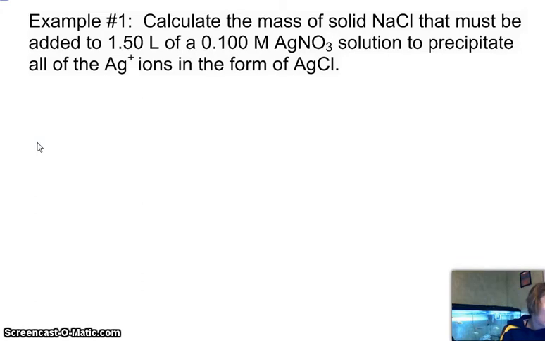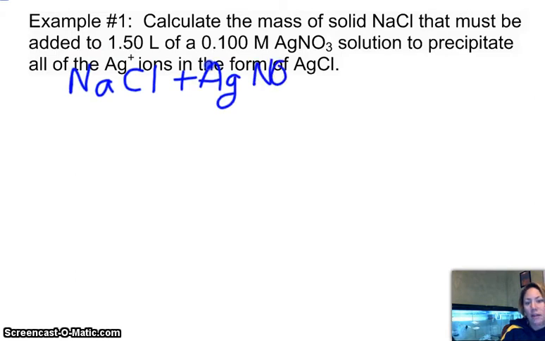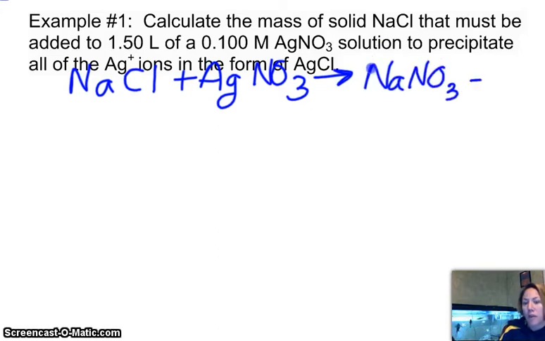And if you look at the question, you should recognize that we are taking NaCl and we're reacting it with AgNO3. And they're going to switch partners, so you're going to have the Na with the NO3 and the Ag with the Cl. Before you go to balance, you should make sure you have made neutral compounds.